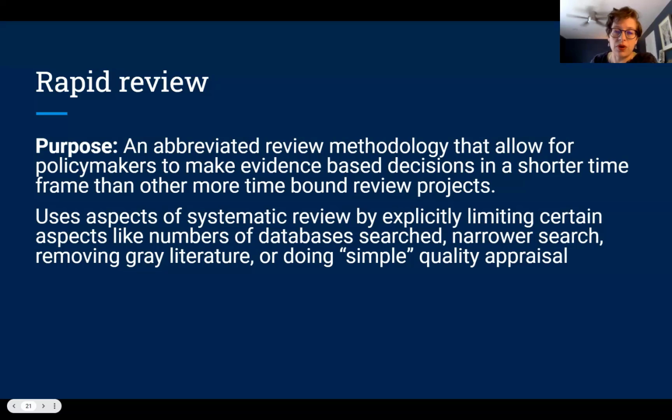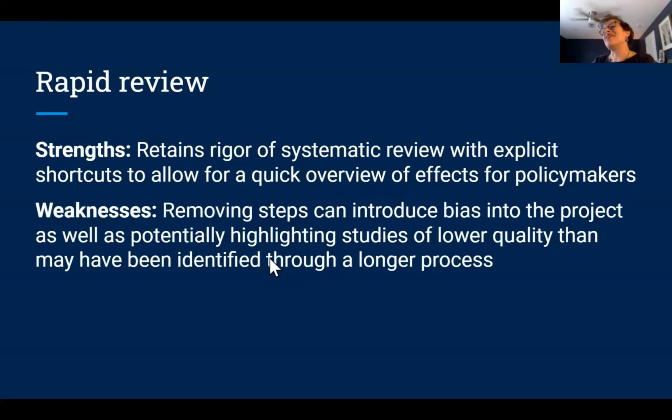And so the strength, obviously, is that it does retain the rigor of a systematic review, but it's so much quicker. A lot of people like that as far as decision making. By removing steps, obviously, though, you can introduce bias. So you can introduce publication bias by only using published data. Those sorts of things happen, and you may end up using lower quality studies because that's all you found in the 2 databases.